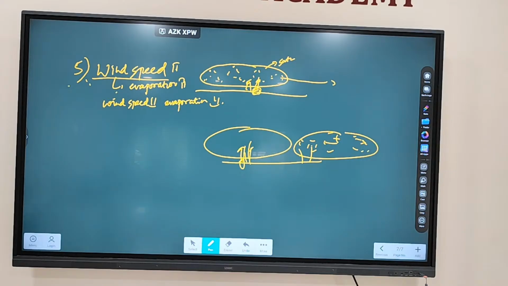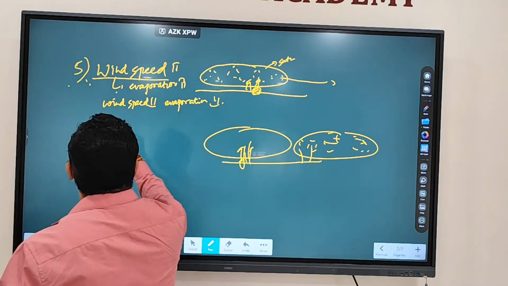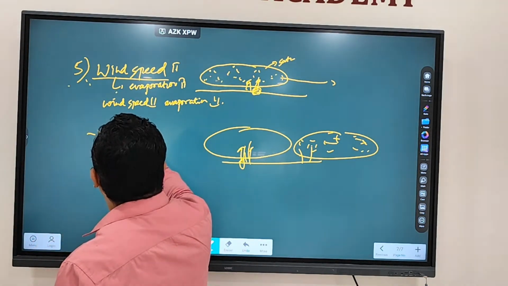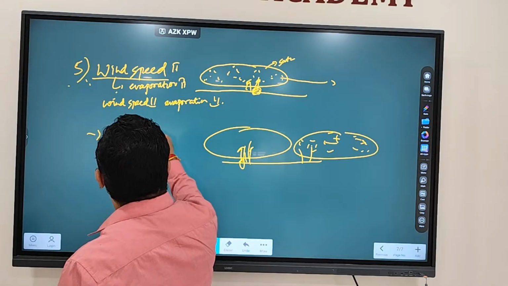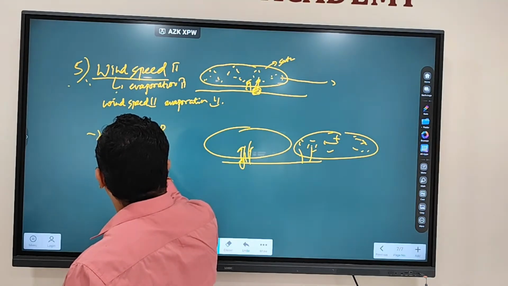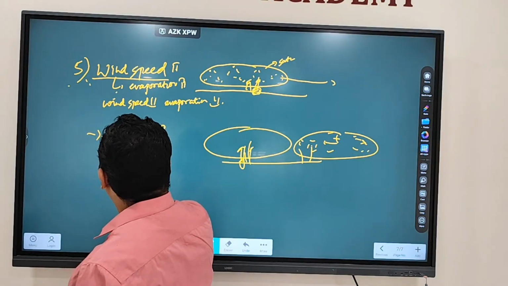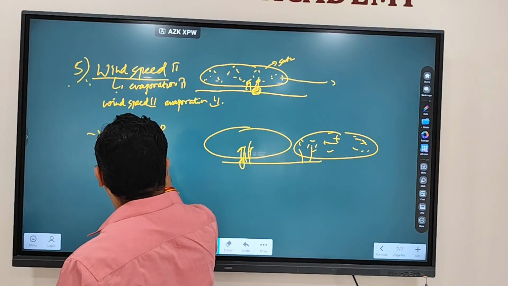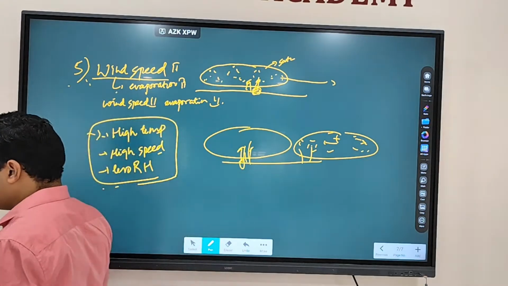So wind speed is also going to determine your evaporation. High wind speed means more evaporation, less wind speed means lesser evaporation. Fine, that's why if a wind has high temperature, high velocity or high speed, and less relative humidity, then what will happen?